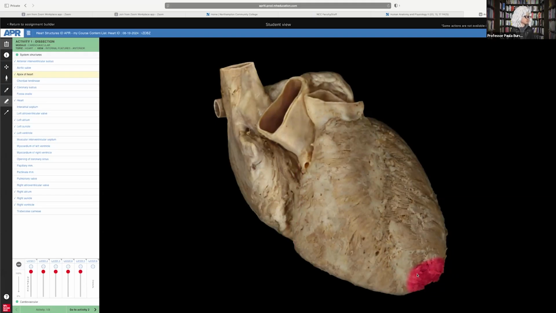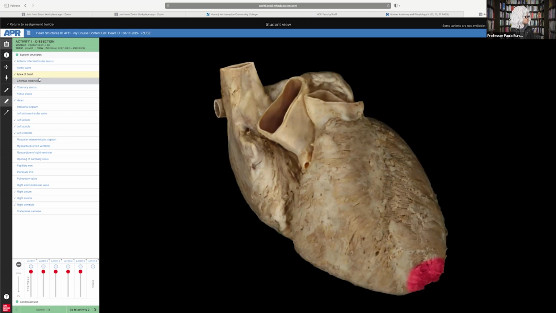I want you to think of an acorn. Notice that the heart is angled. The apex is going to be pointing toward the left hip. This broad area here of the heart is called the base, and it will be oriented toward the right shoulder. Going back to the inside, we're going to be looking at the heart valves.